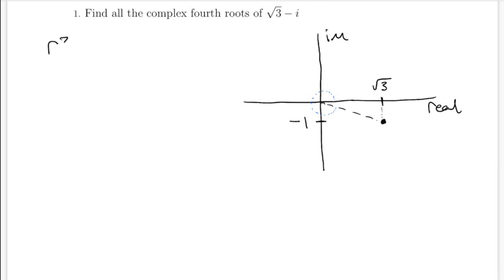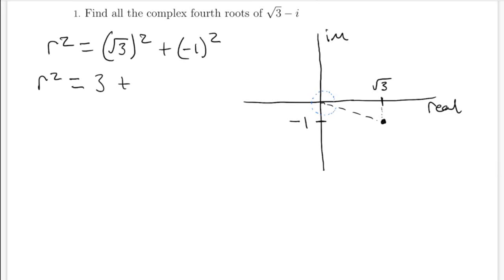So that means that r squared equals root 3 squared plus -1 squared, right? And if you just remember r squared equals x squared plus y squared, that's exactly what this is. So r squared equals root 3 times root 3, that's 3, plus -1 times -1, that's 1.